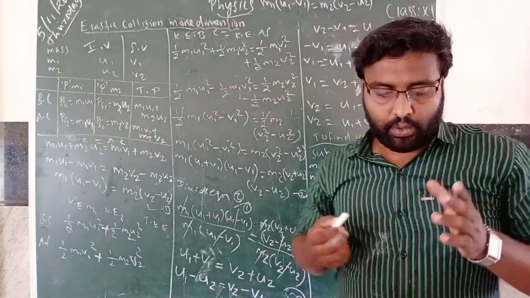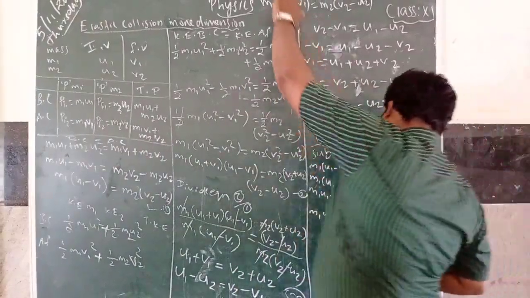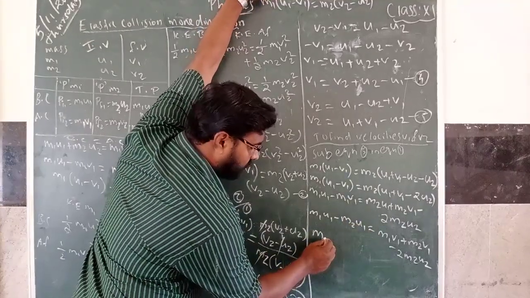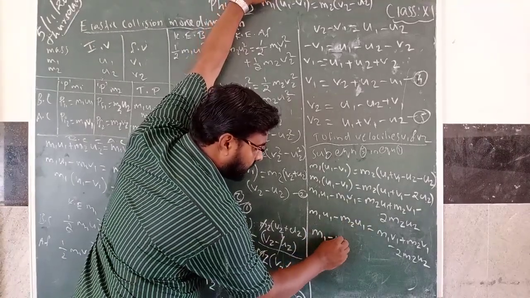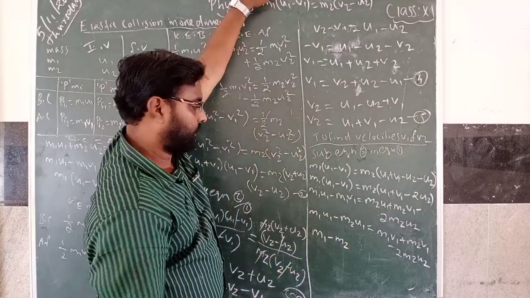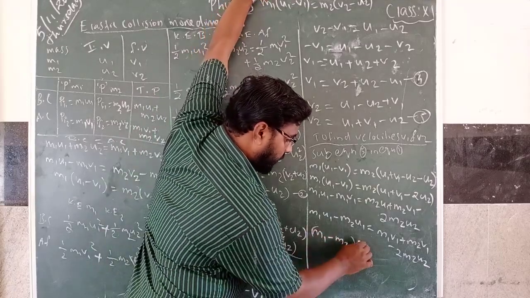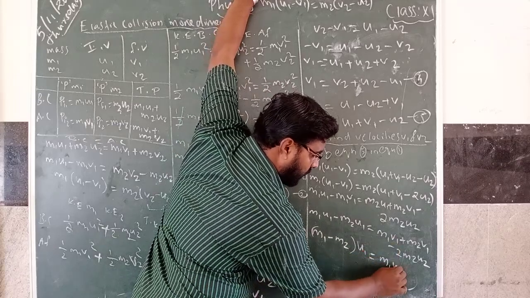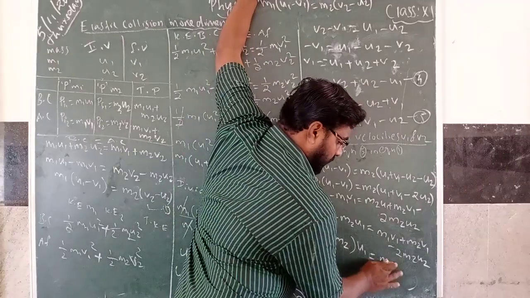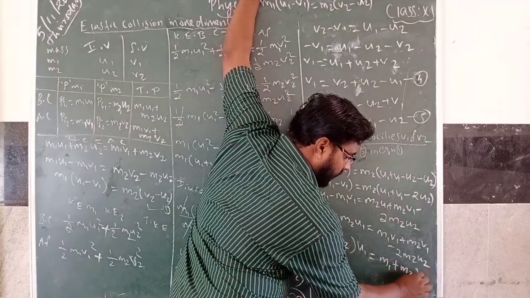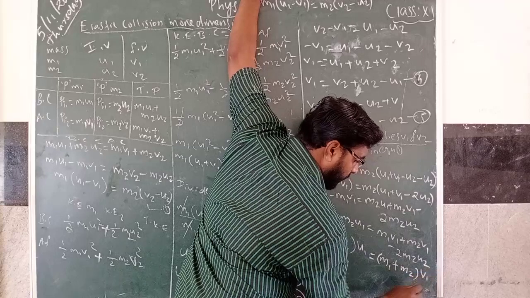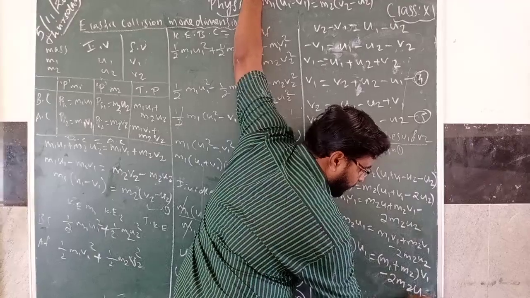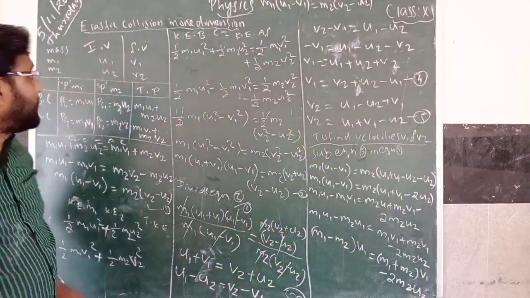Now what you have to do is take this M1 M2 U1 outside. So (M1 minus M2) into U1 is equal to, from here, (M1 plus M2) into V1 minus 2 M2 U2.